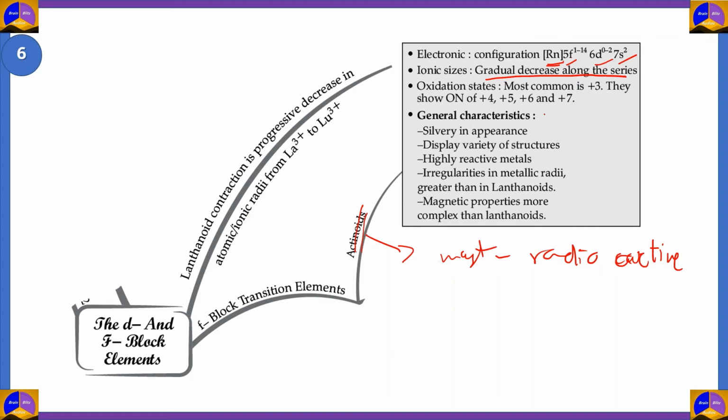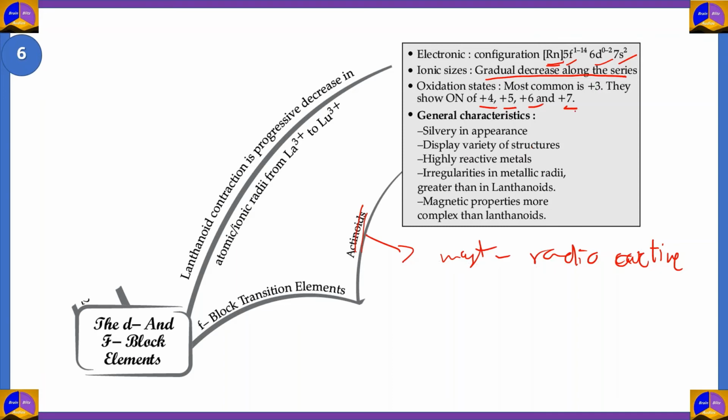And this is due to the fact that lanthanoid contraction also occurs in the actinoid series. Again, because the f orbital is very diffuse, so there is no shielding effect. In terms of oxidation state, the most common one is +3 as well. However, unlike lanthanoids, they can show oxidation numbers of +4, +5, +6, and +7 too.